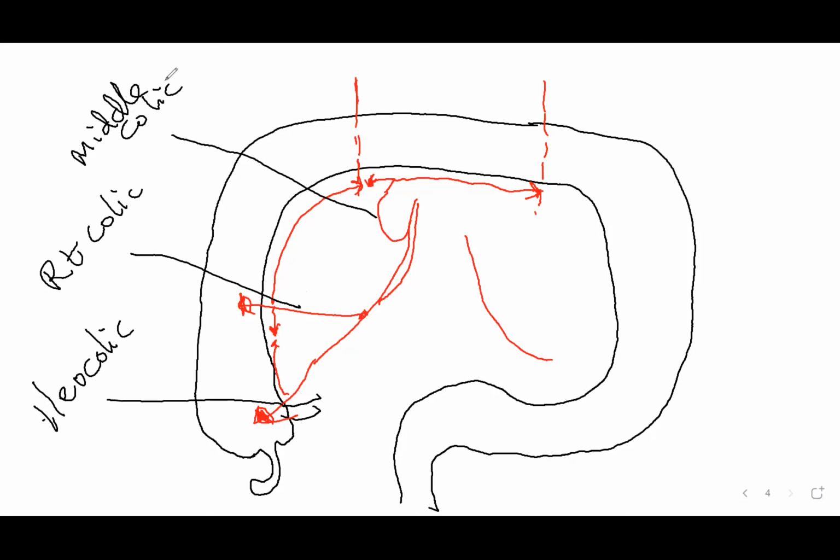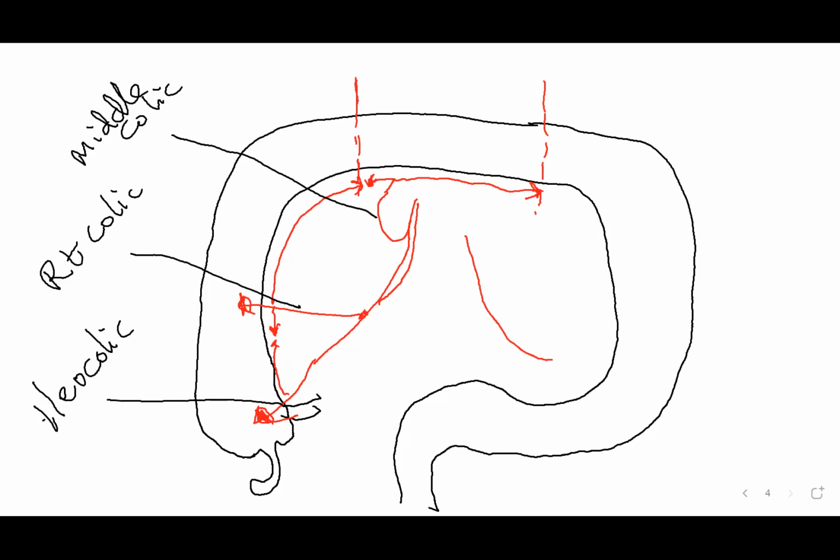Even though there's another branch of the superior mesenteric artery we discussed while talking about the duodenum, the superior pancreaticoduodenal artery, it has no business here from the name. But the branches that are concerned with the colon are the ileocolic branch, the right colic branch, and the middle colic branch. And you can see how they supply the colon.